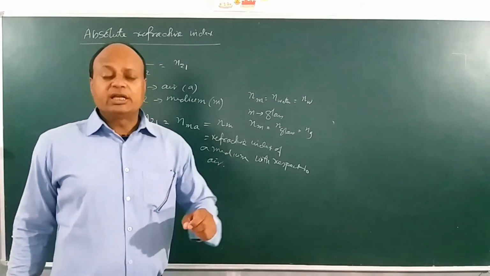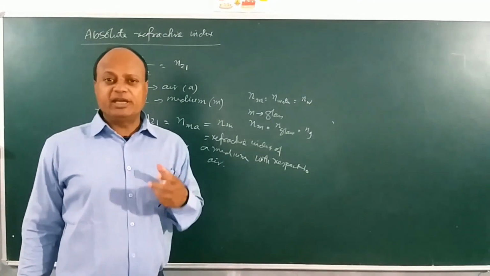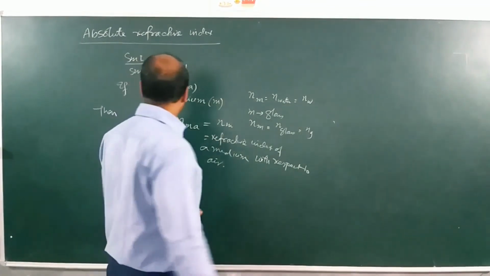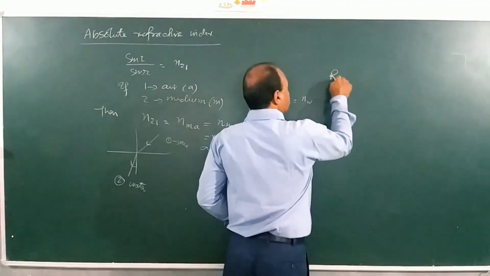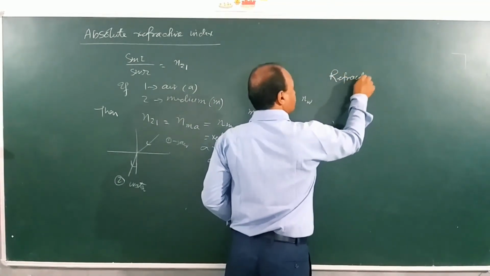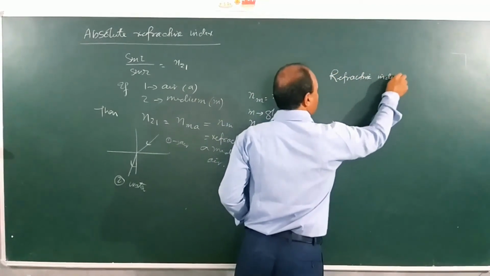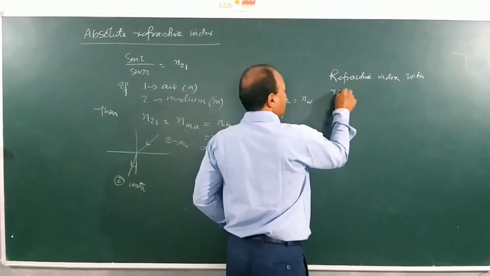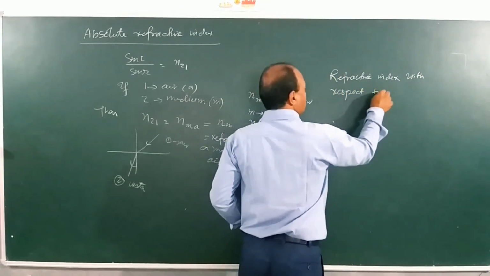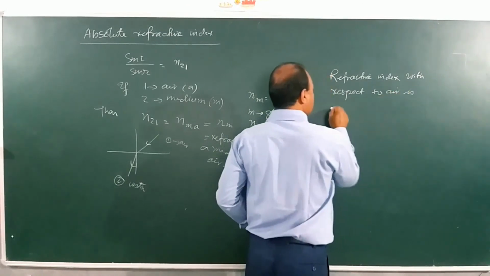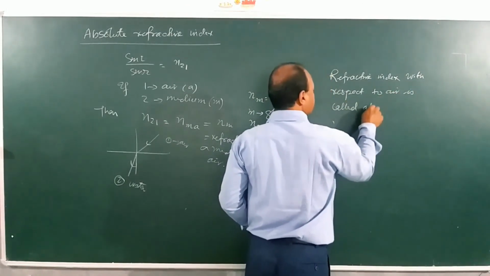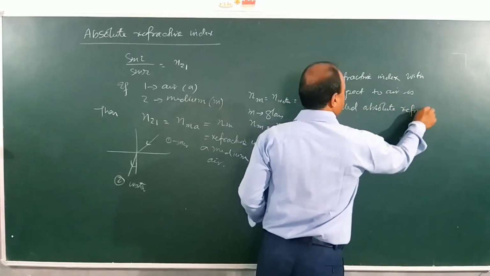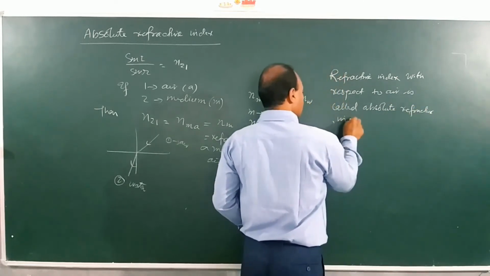So refractive index of a medium with respect to air is called absolute refractive index. So let's define it. Refractive index with respect to air is called absolute refractive index.